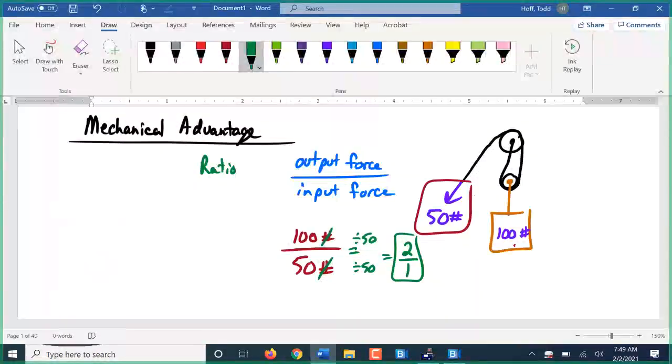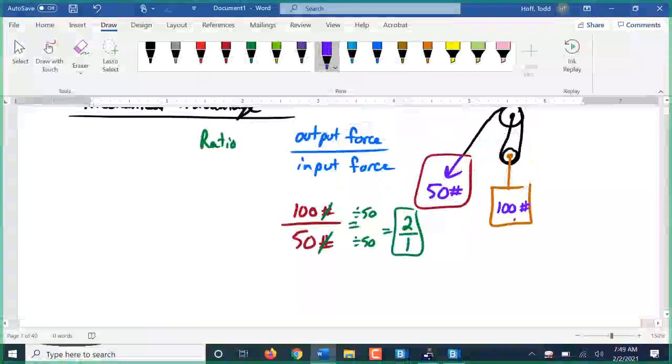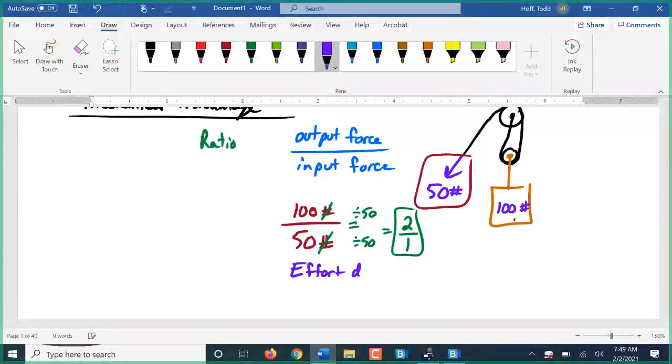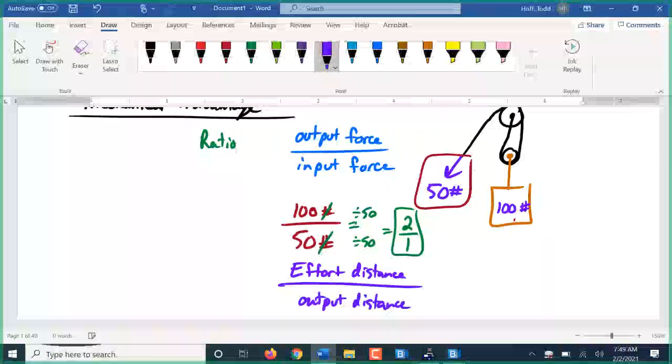What is the trade-off? The trade-off is distance. They just called that the effort distance. I should call it input distance here.